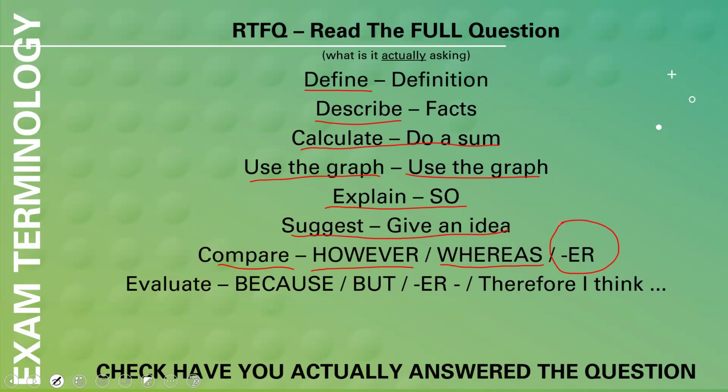I think you've already had 2 evaluate questions, but don't forget, evaluate needs a "because" and a "but", and you're looking for advantages and disadvantages. Your final statement will be, therefore, I think this is the best because. So tomorrow, it's not quite as important as the biology paper, but properly look at what they're actually asking you.